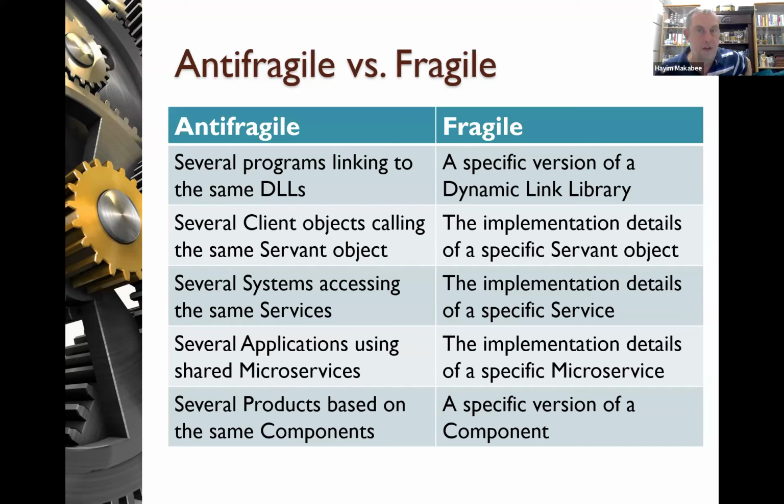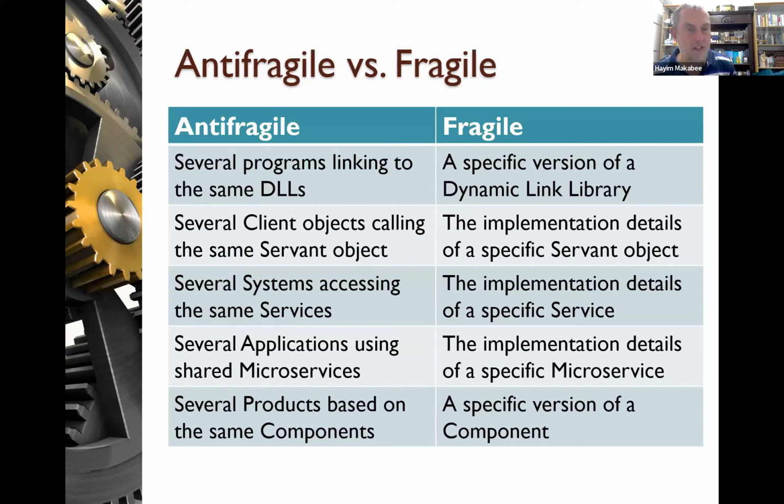But a specific version of the DLL is fragile because you have to change it. If you have many clients using the same object with the object request broker architecture, this is anti-fragile. But the implementation details of a specific object is fragile because eventually, you have to change it.